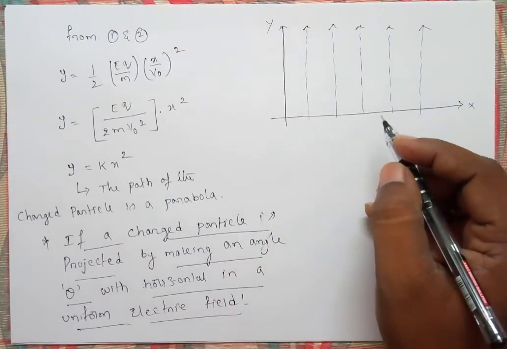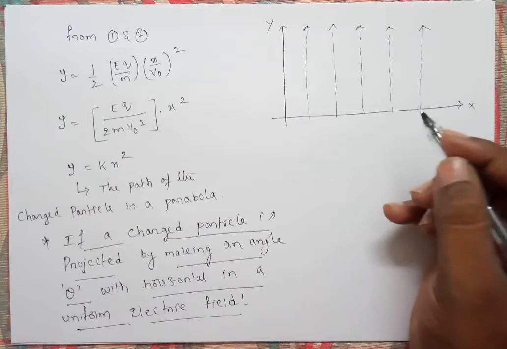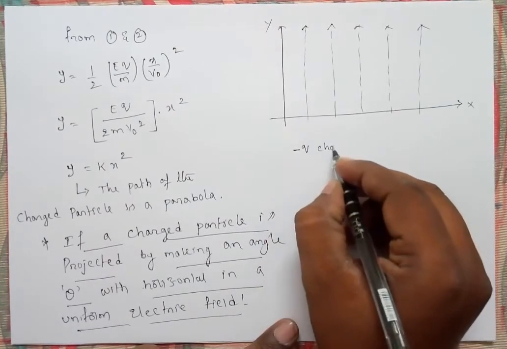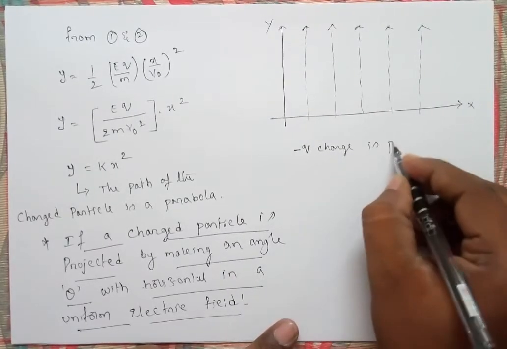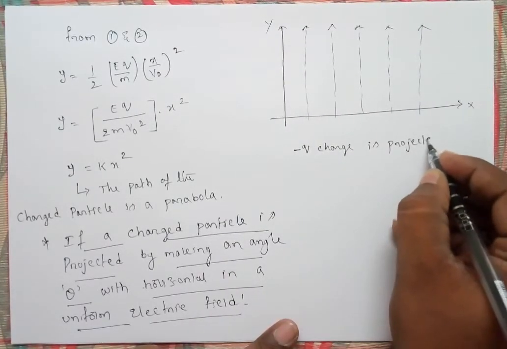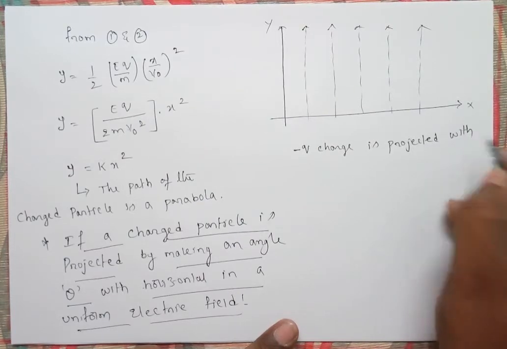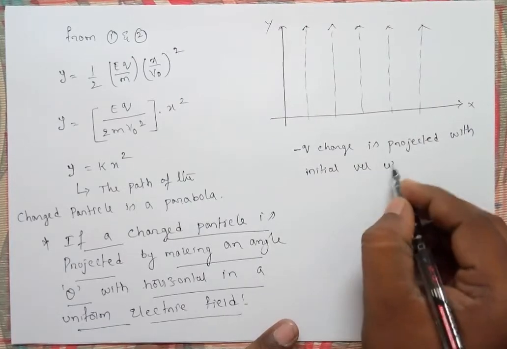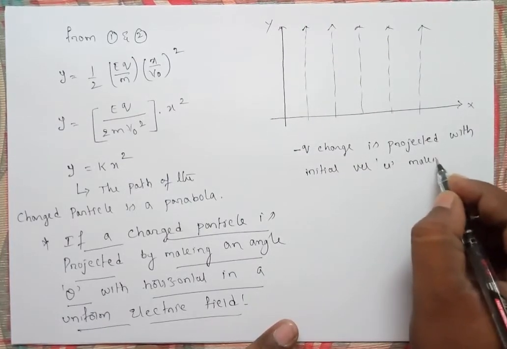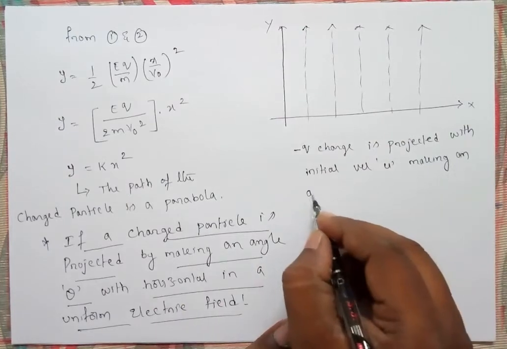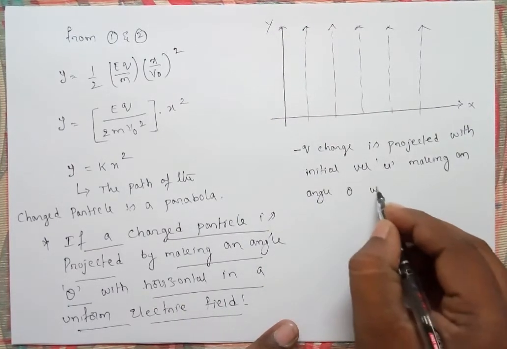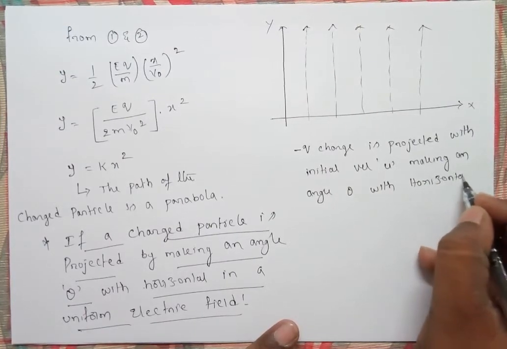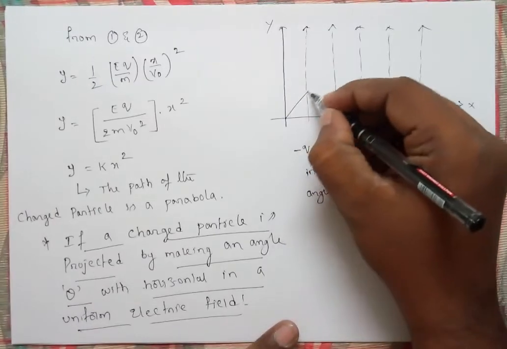Which kind of charged particle are we projecting? A negatively charged particle. So a negative charge, minus q, is projected with initial velocity u, making an angle theta with the horizontal.